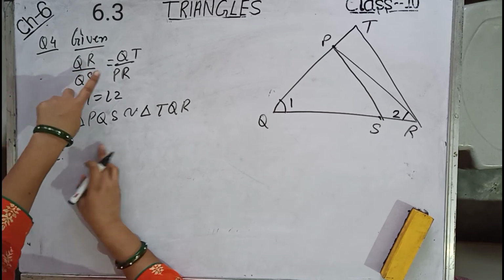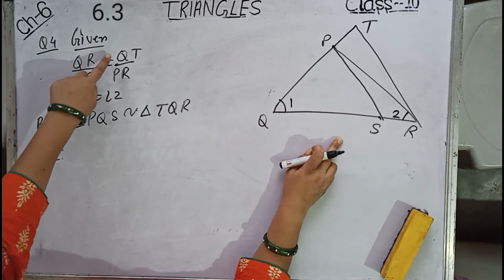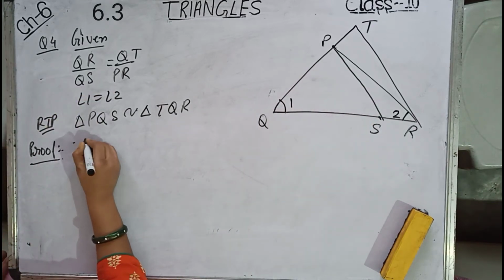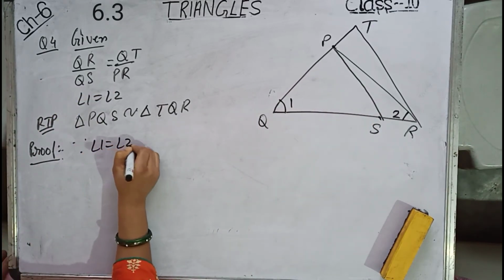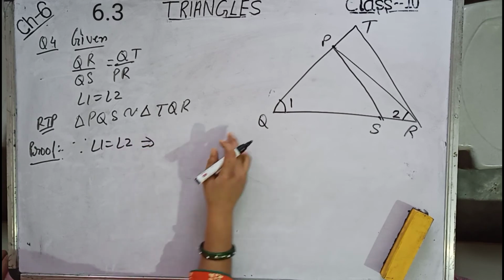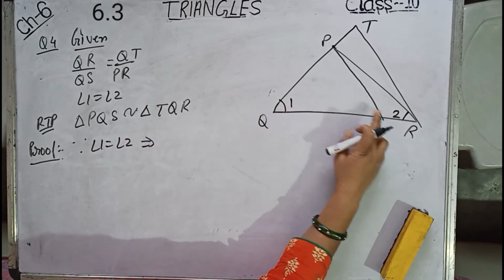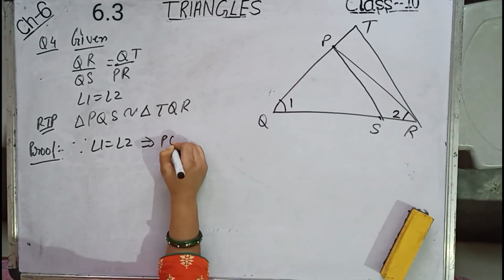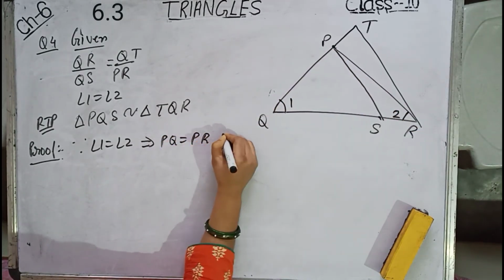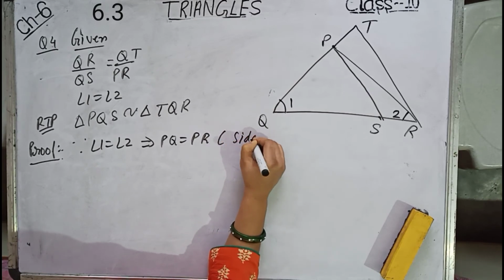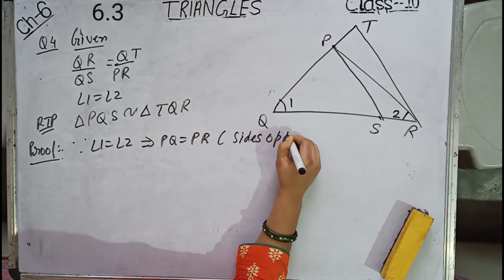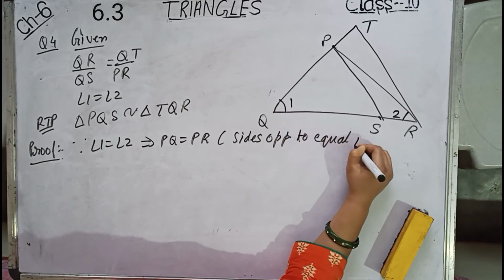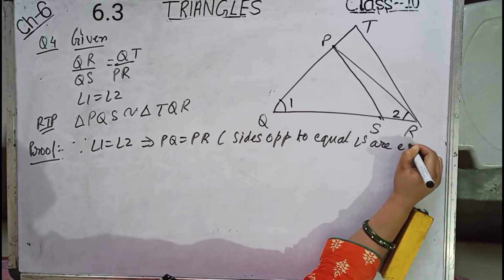QR by QS equals QT by PR. Proof. Since angle 1 equals angle 2, this implies PQ will be equal to PR. PQ equals PR, since sides opposite to equal angles are equal.